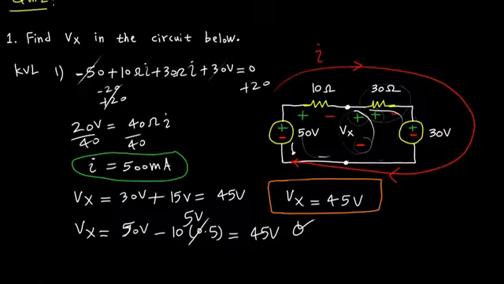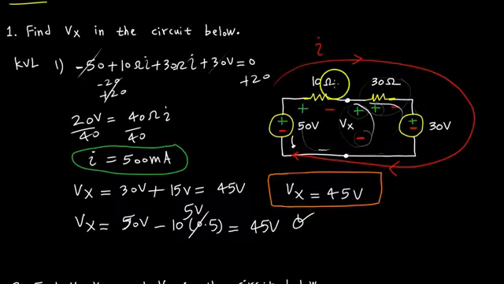So really quickly here, just to verify, we could have also used KCL. I could have said, okay, let's use Ohm's law from this node to this point. I'm going to assume the current is going clockwise, and say 50 volts minus Vx over 10 ohms.